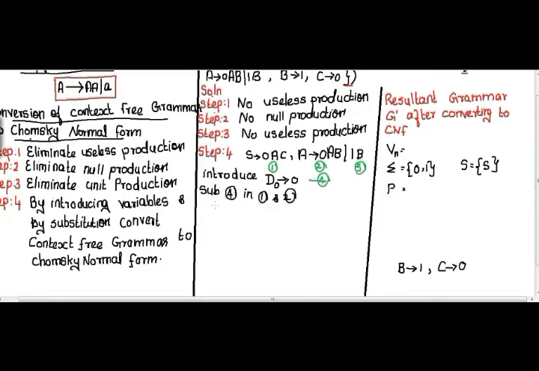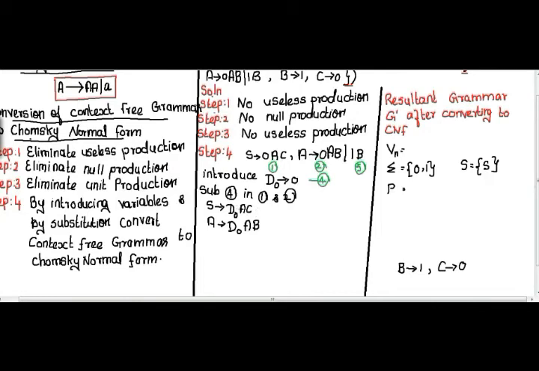After substitution of this fourth production in the first and second production, my productions will be S tends to D suffix 0 AC and A tends to D suffix 0 AB. Now again I have three non-terminals here.